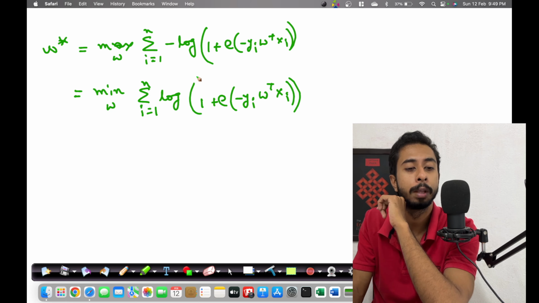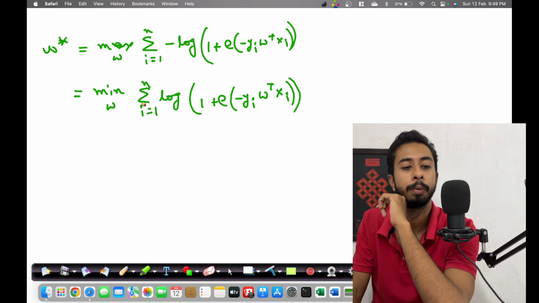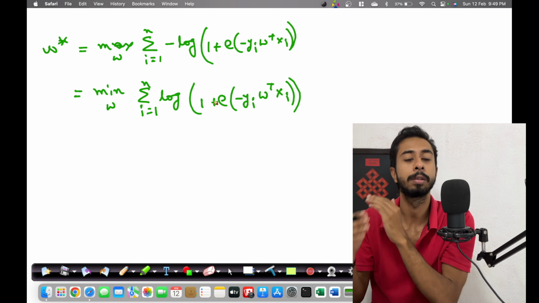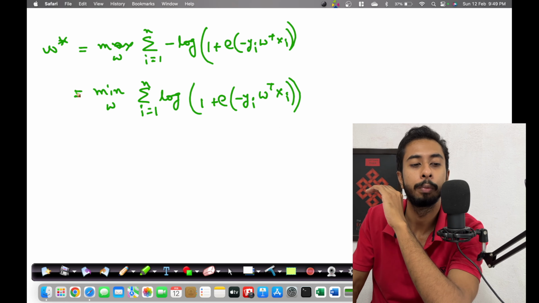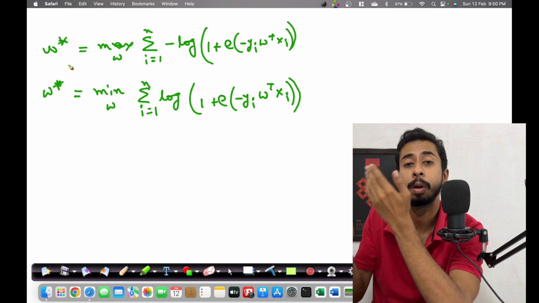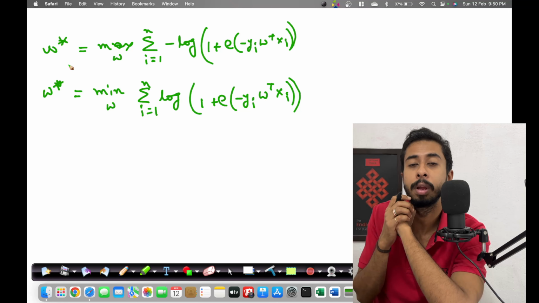Now we want to find the minimized value of this entire equation. So we need to solve this, and you can see that if we solve this, or optimize this equation and use it, it is not prone to outliers.